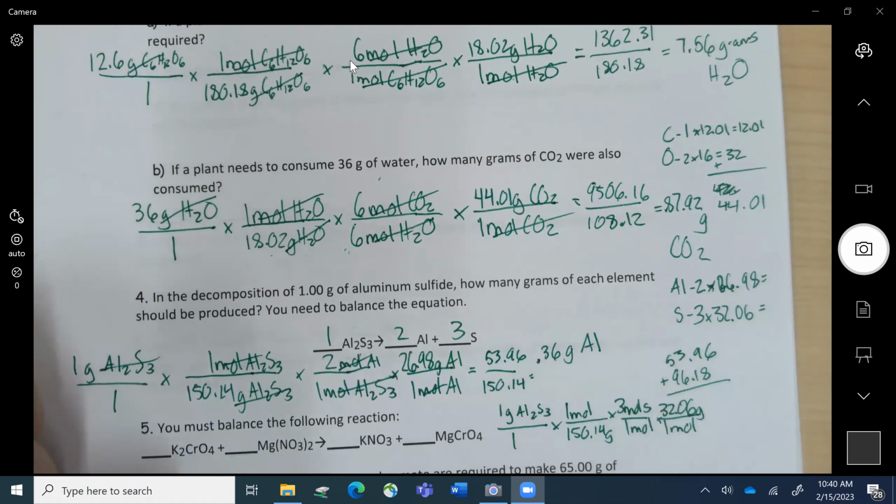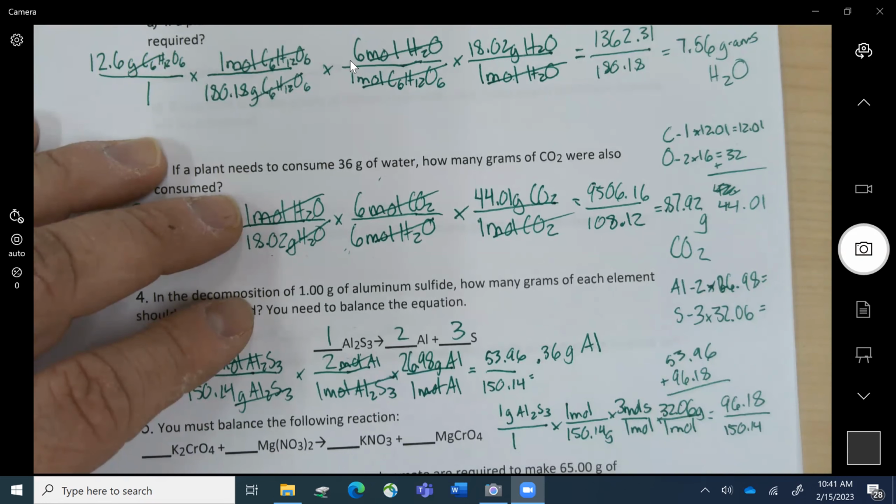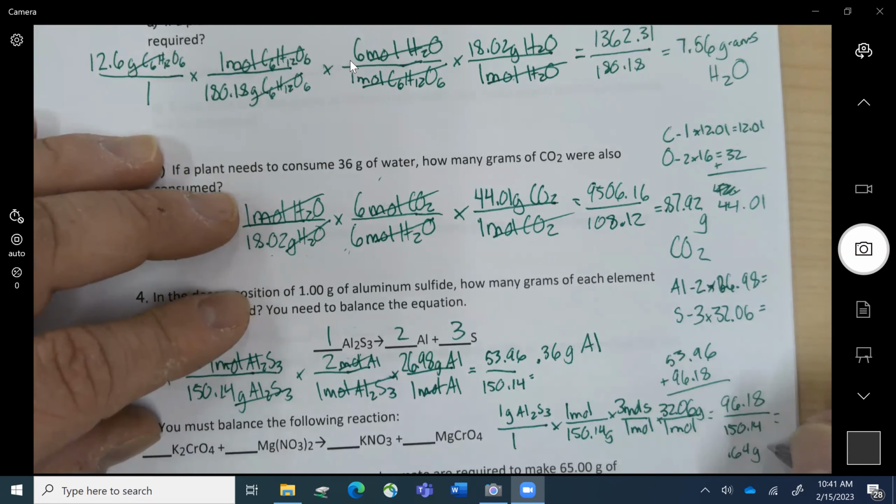So I got 96.18 over the 150.14. Gives me 0.64 grams of S.